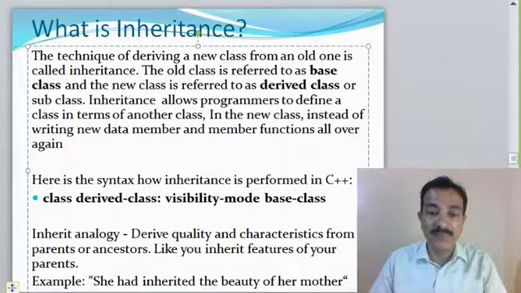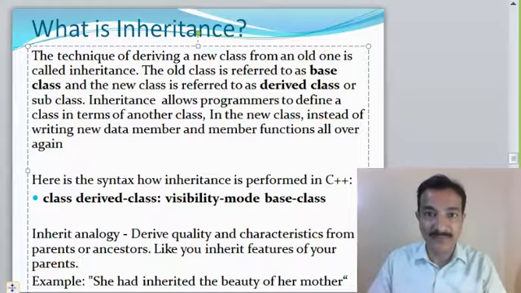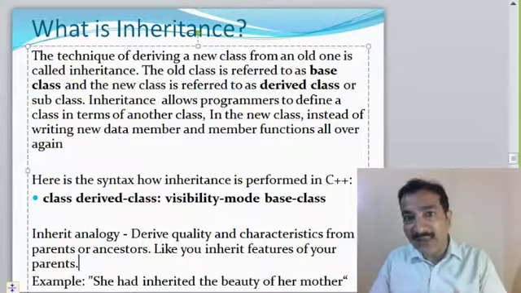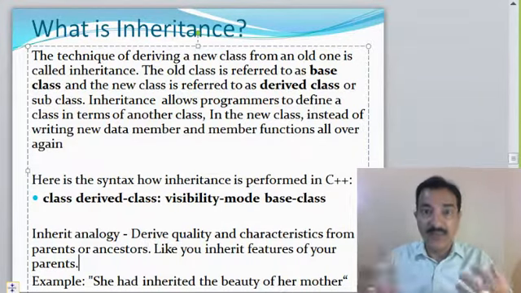Example, you say many a time, she has inherited the beauty of her mother. So it's like you're inheriting some of the qualities of the parent or the base class in your derived class.